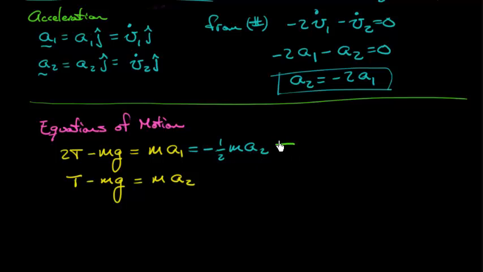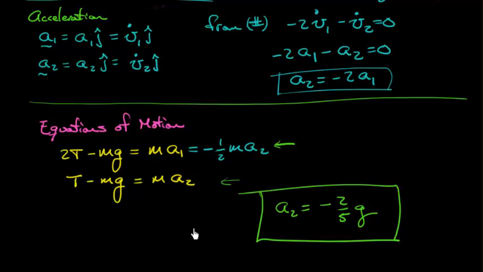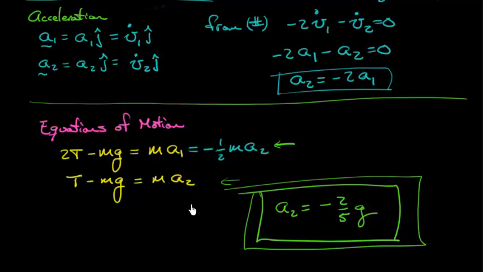Now if you look right here, I have 2 equations, all in terms of unknowns T and A2. And you can eliminate the T and then easily solve for A2. And when you do, at least here's what I get: A2 is equal to minus 2/5 g. And that's my final answer, I guess.